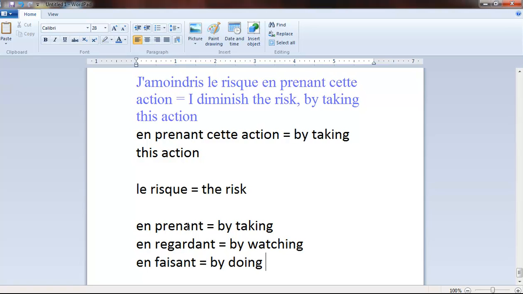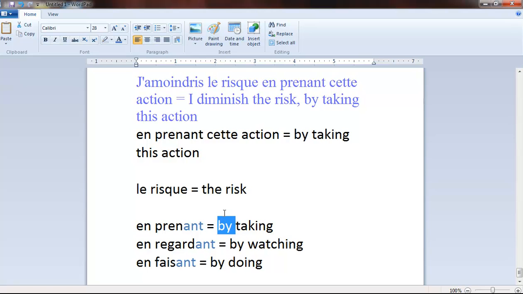And you already notice the endings of this tense, which is this verbal mode, which is called in French le gérondif. It's this form with these endings that corresponds to the English present continuous form of the verb, like by taking, by watching, by doing.